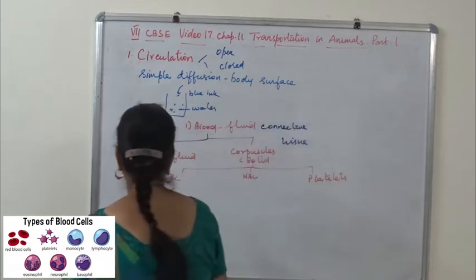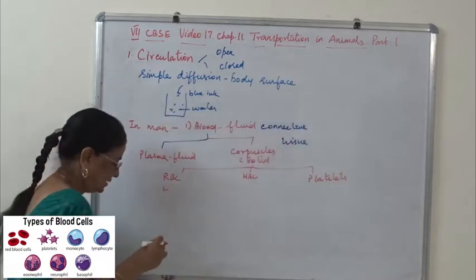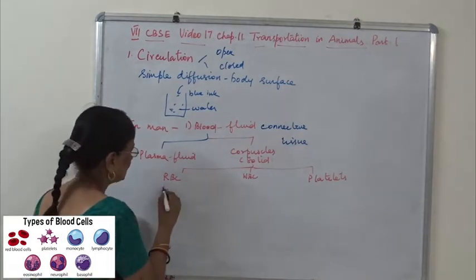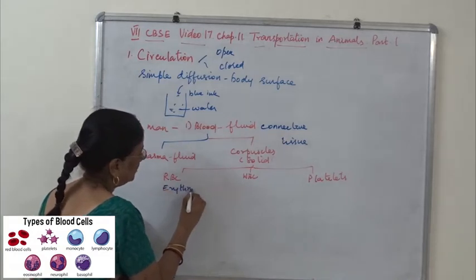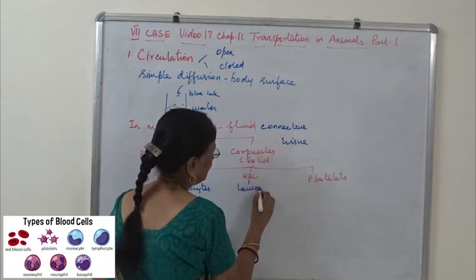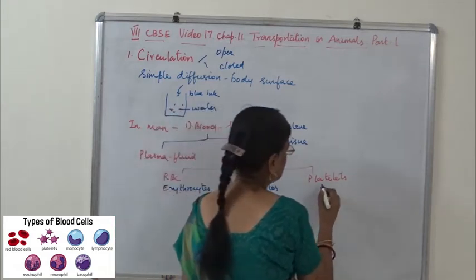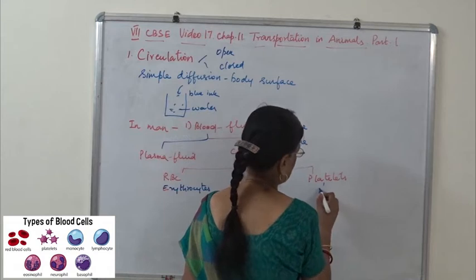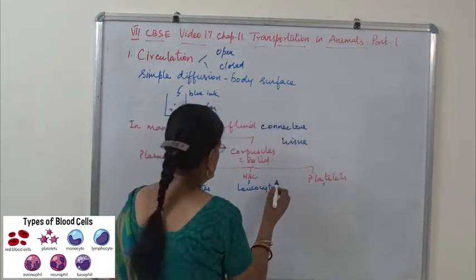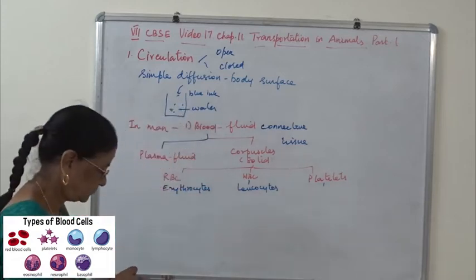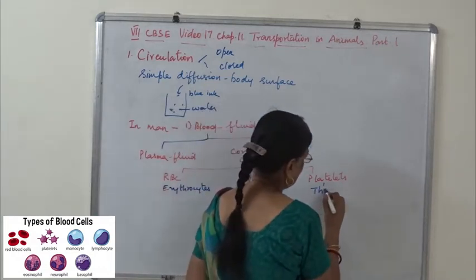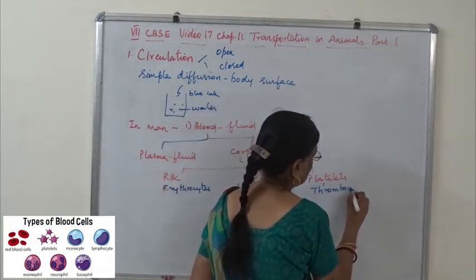RBC is also known as erythrocytes, WBC as leukocytes, and platelets as thrombocytes.